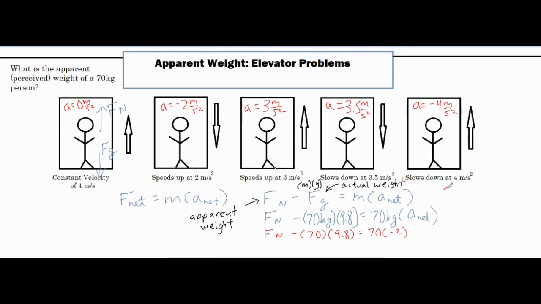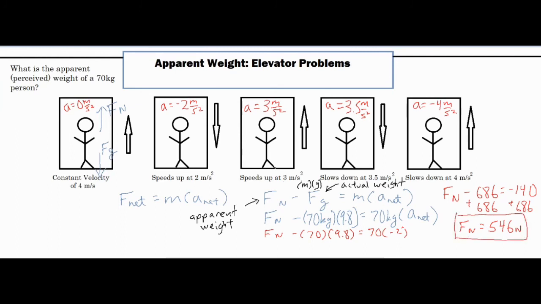And then we would have Fn minus 686 equal to negative 140. Add 686 to both sides, and then we get our final answer of 546 newtons.